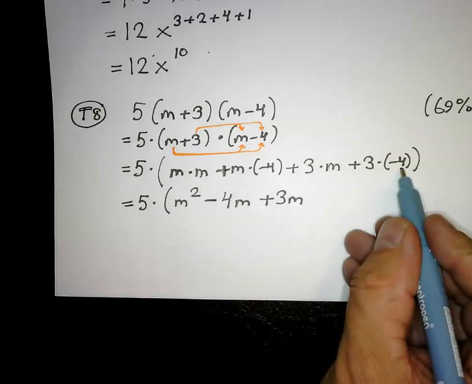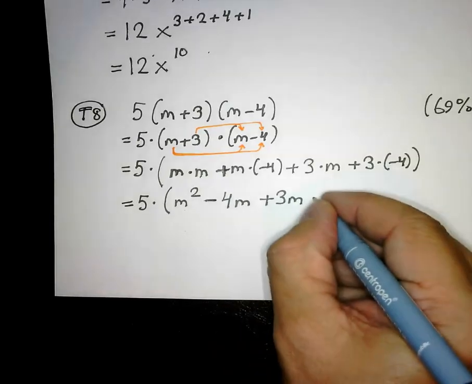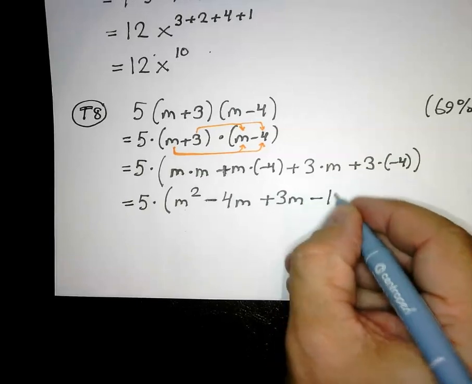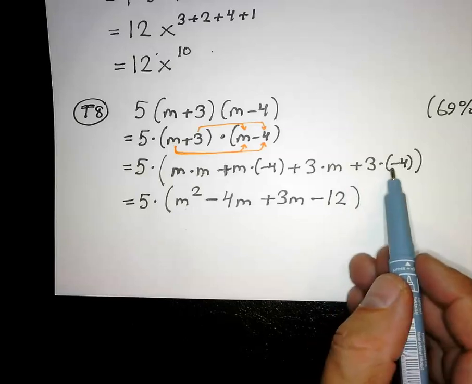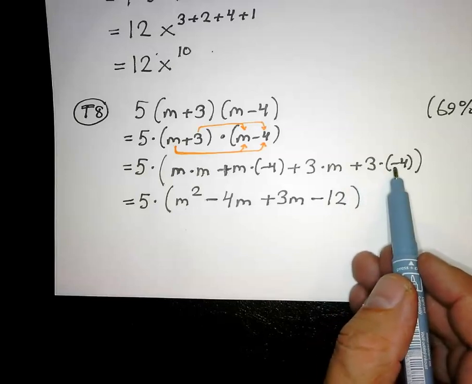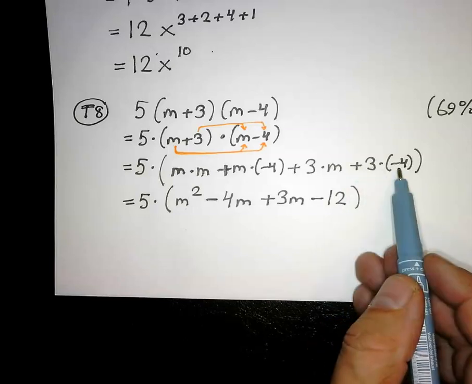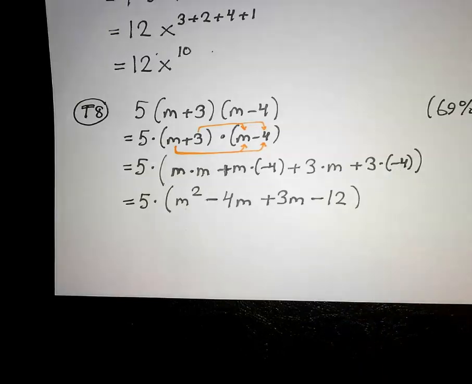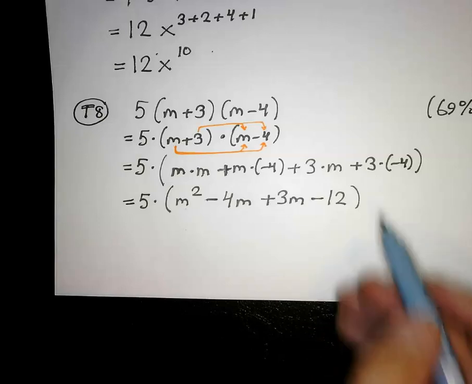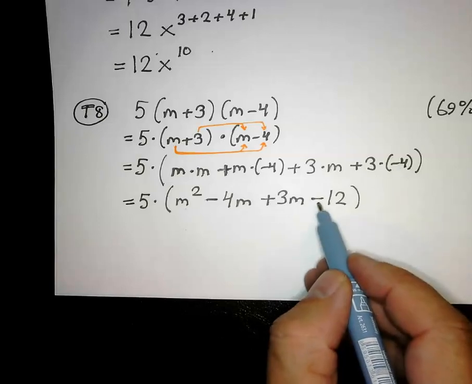And then we have 3 times minus 4, which is minus 12. Here the same rule. We have plus and minus, so we have only one minus sign. One is an odd number, 1, 3, 5, 7. So the minus stays.